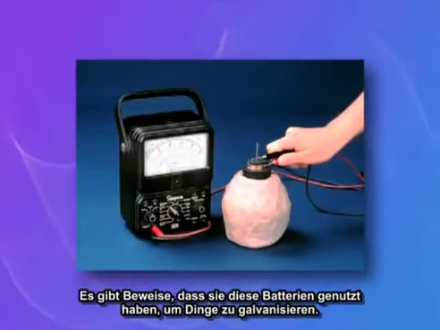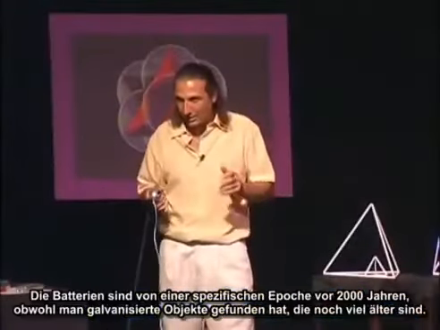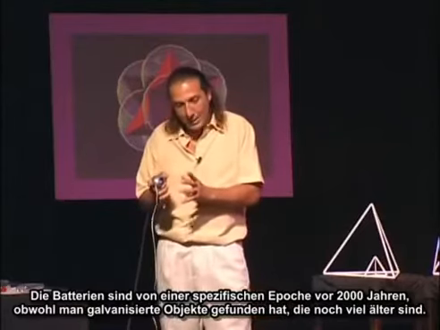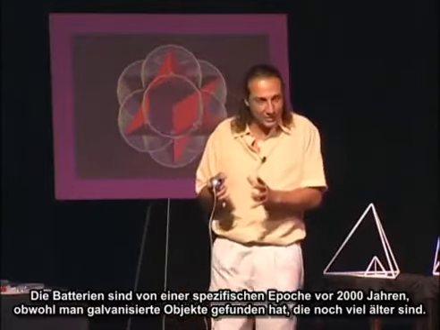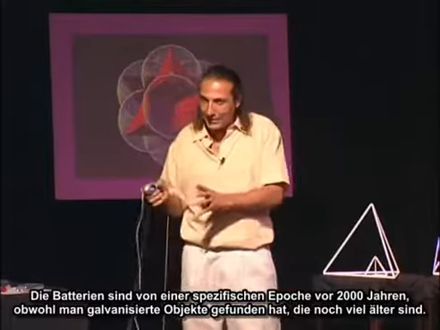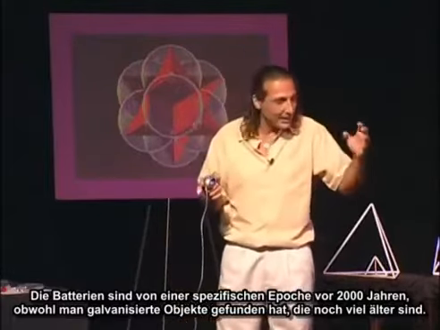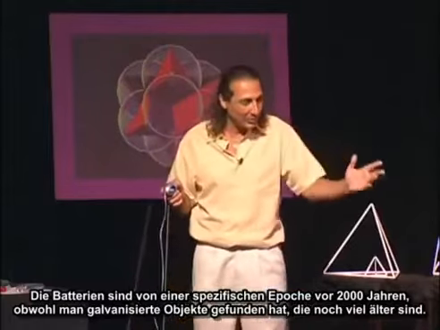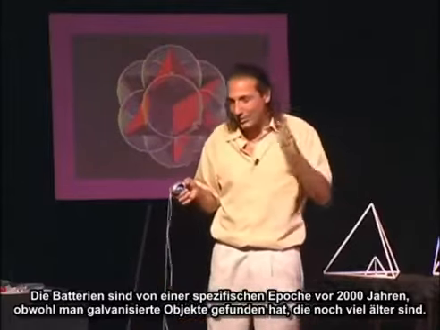And it's evidence that they were using these batteries to electroplate things. The batteries were found, and they're from a certain epoch that makes them approximately 2,000 years old, except that there is electrolysis that was made on objects that were found that are much older than that, up to 4,000 years old.